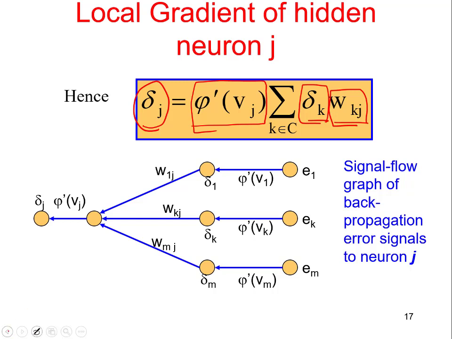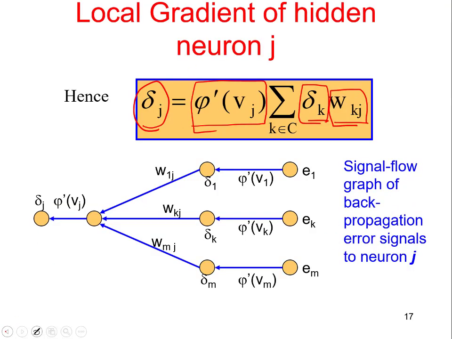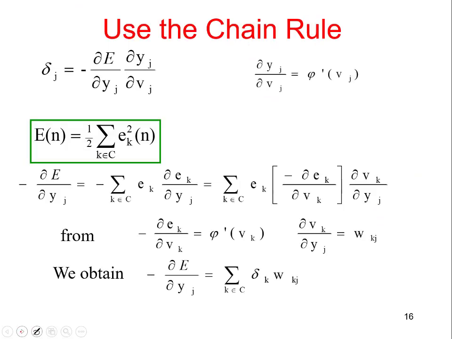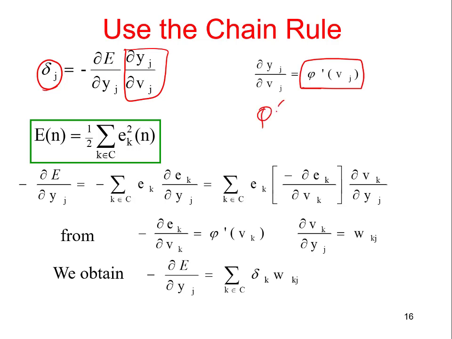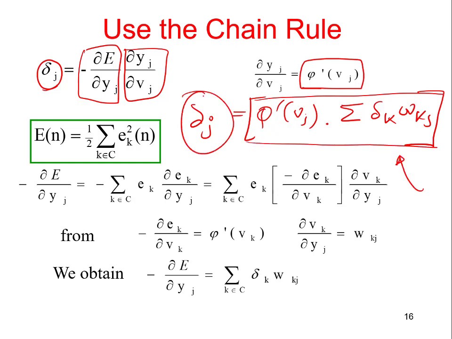And that's how the rule of thumb is set up. Because delta j is computed with the help of phi prime of vj, this portion is multiplied, so phi prime of vj is already chunked out, and this portion will generate the delta k of wkj. So that's why delta j is denoted as in here. So this portion is the correct equation for computing the hidden layer node.